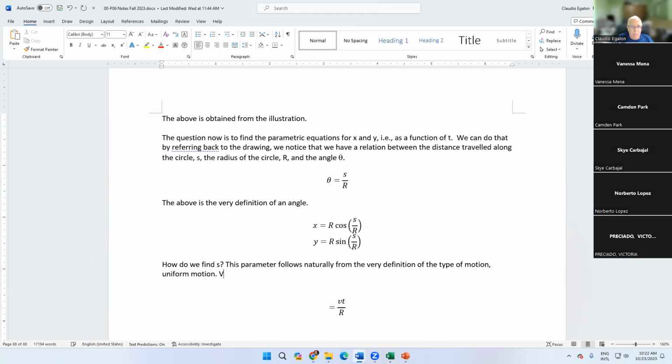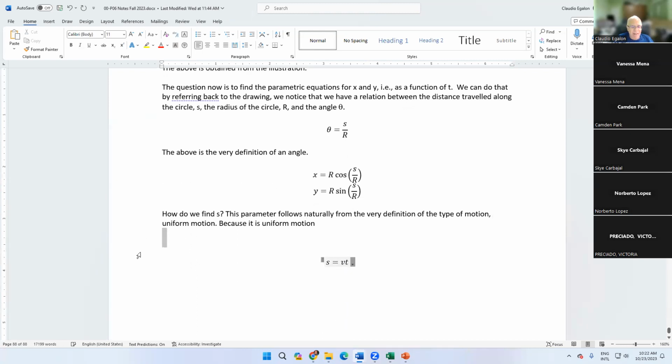Because it is uniform motion, S must be V times T, right? Every time that you have uniform motion, we have constant velocity, and the displacement is going to be the velocity times T.